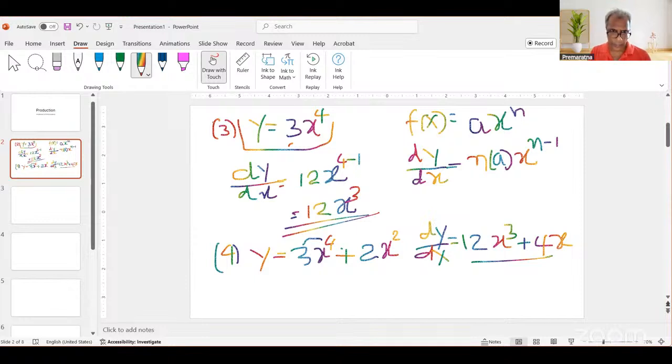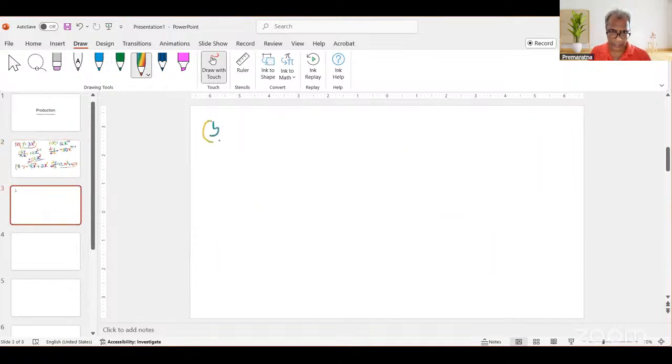Another rule is for an equation that is a product of two expressions, like 2x to the power 3 plus 2x, and another expression 3x to the power 4.